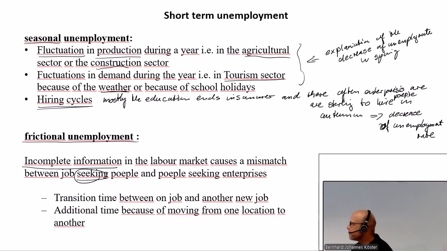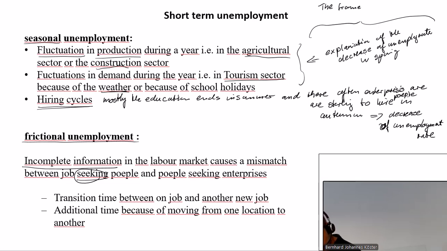But then we have a difference between these two kinds of unemployment. Here in the seasonal unemployment, we can say that the framework of the reasons is stable. So we cannot do very much about this to decrease these causes for unemployment.